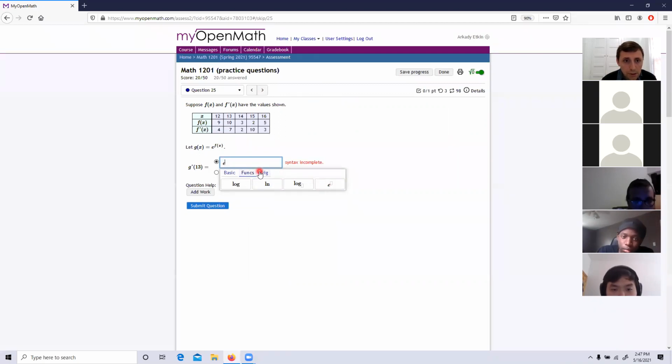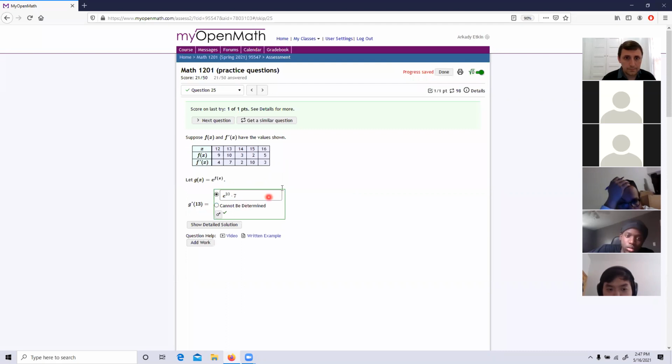We put e to the power of f of 13, which is 10, times the derivative at 13, which is 7. And we're done there.